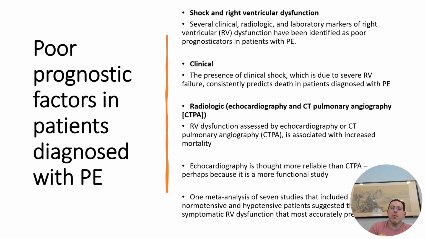And perhaps maybe one of the largest reasons why that's important is because it's not necessarily just right ventricular dysfunction. It's symptomatic right ventricular dysfunction. That's the largest predictor of mortality and complications in PE.